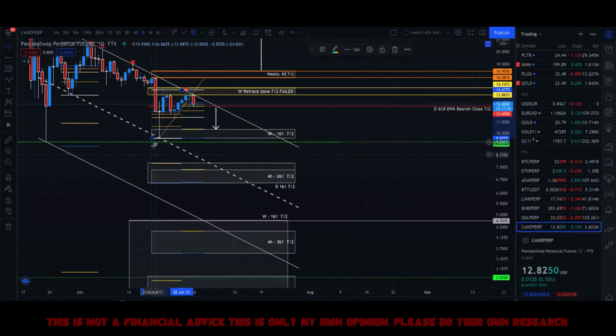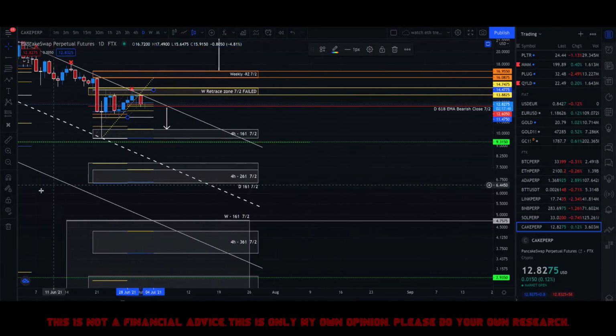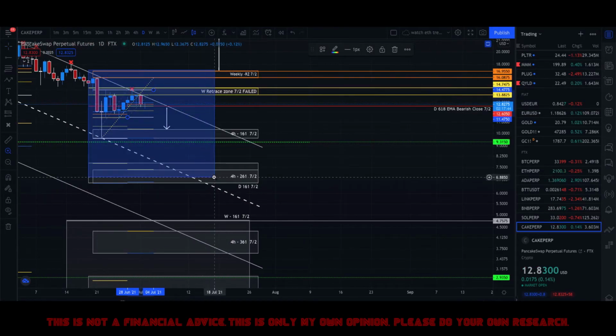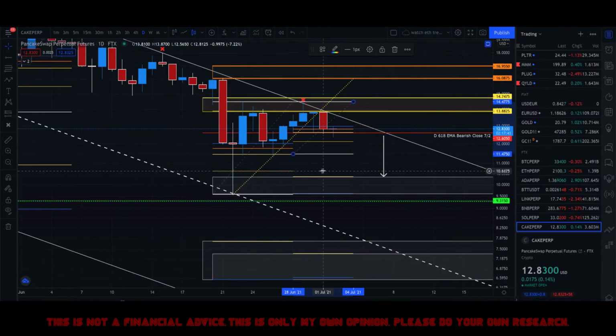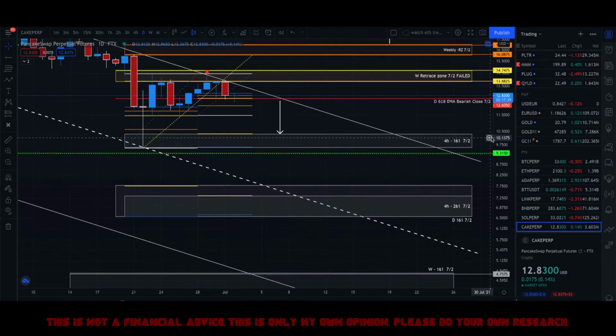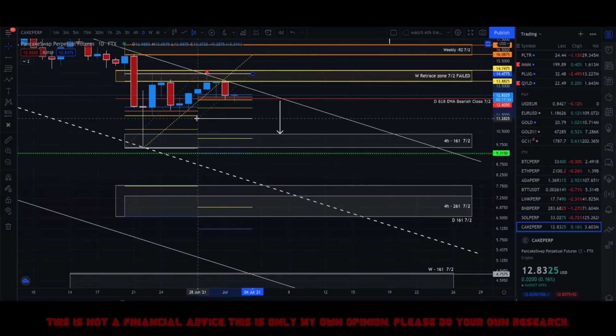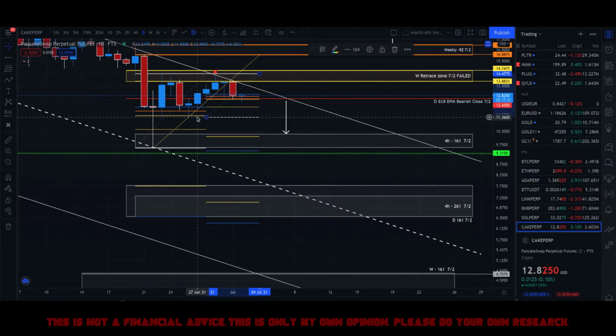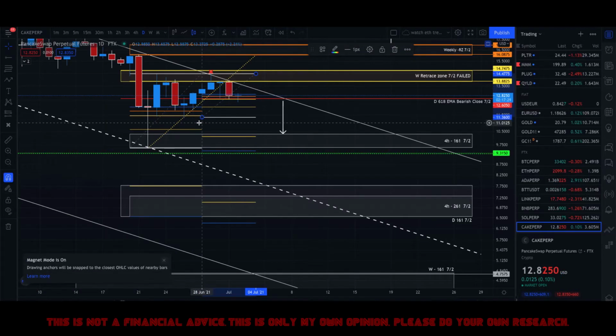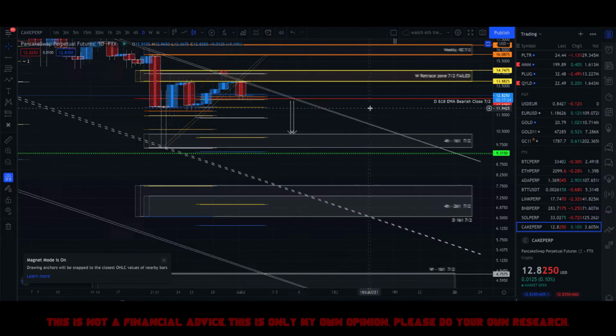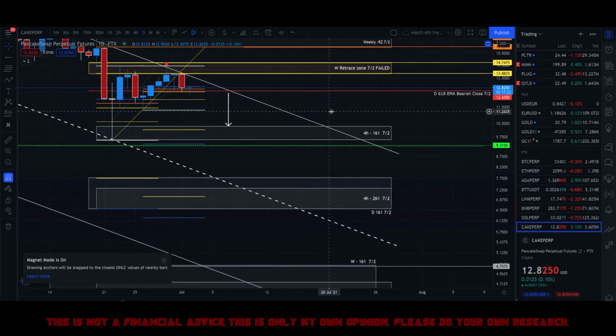Of this move right here, we have the 161 extension over here. And for this move, let me zoom in. And for this move, let me fix that.